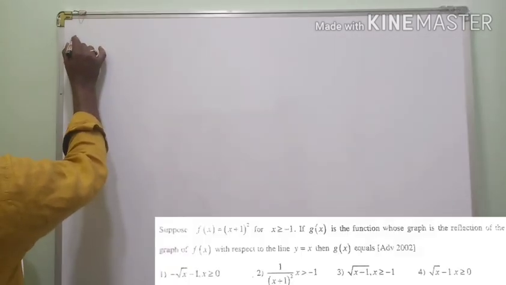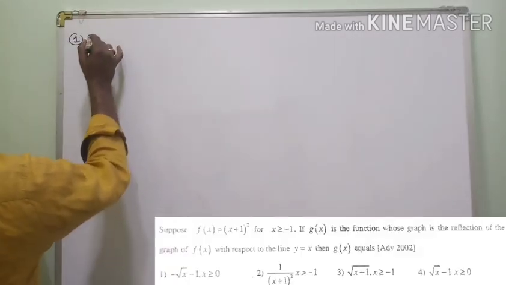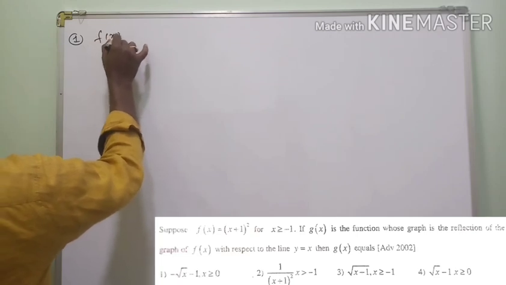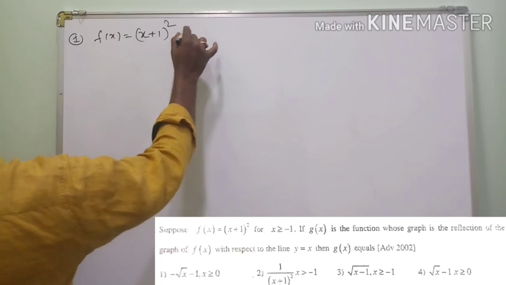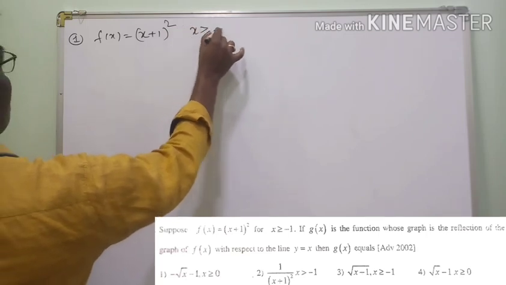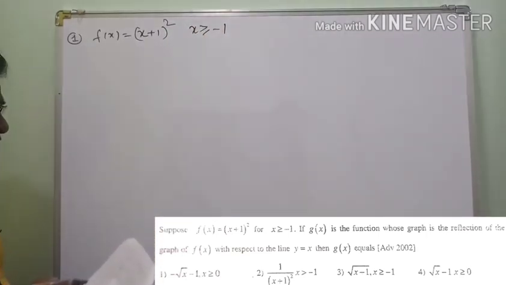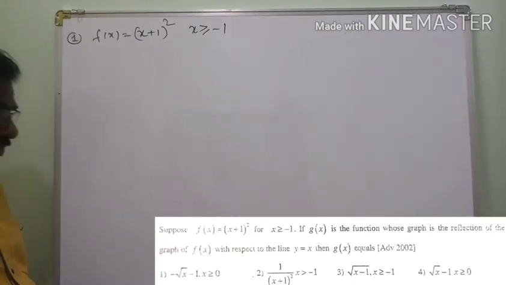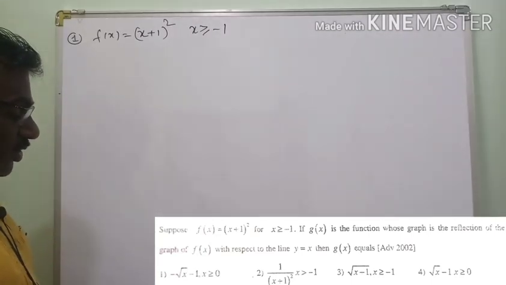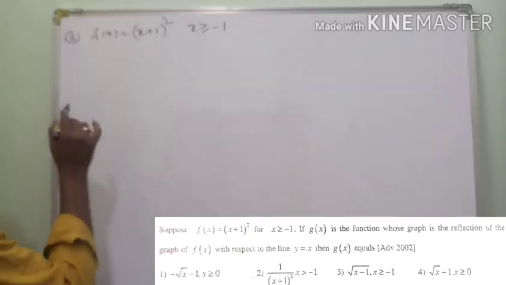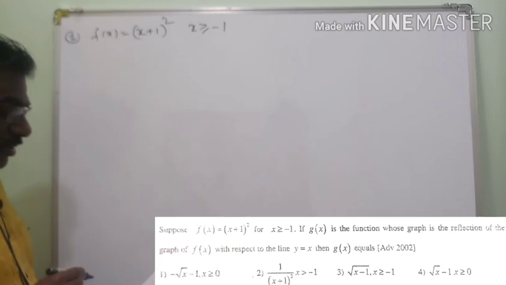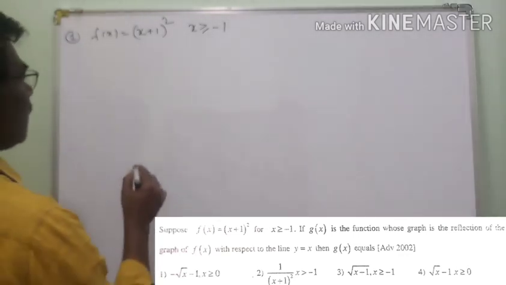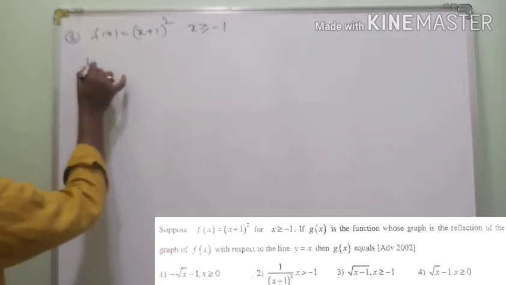Right, problem number 1. f of x is equal to (x plus 1) whole square, for x greater than or equal to minus 1. If g of x is a function whose graph is the reflection of the graph of f of x in the line y equal to x, I think it is indirectly the inverse only.